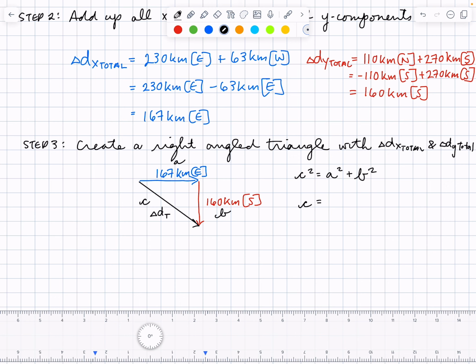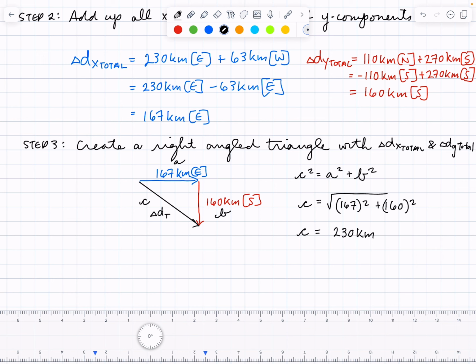So the magnitude of our total displacement is equal to the square root of 167 squared plus 160 squared. If we simplify this, we end up with a magnitude of 230 kilometers.